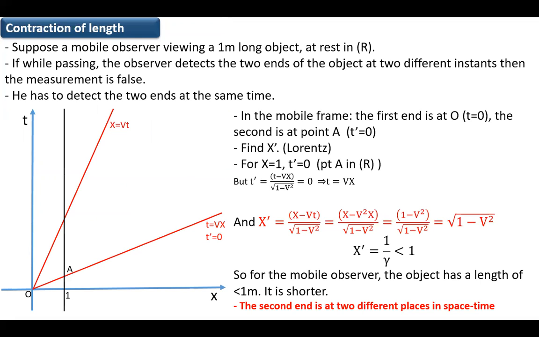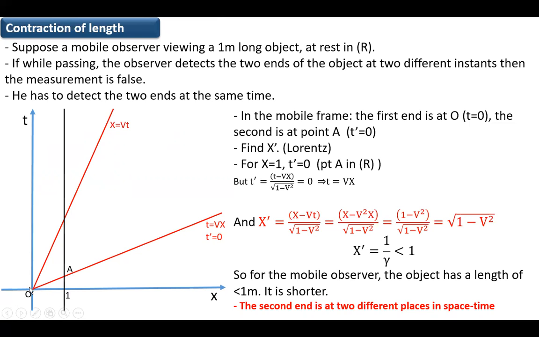Let's see the example of the contraction of lengths due to this motion at a speed. We will consider a mobile observer that is viewing a 1 meter long object that is placed at rest in a frame R. So you have your frame R, which is X and T. On this frame, you have a 1 meter long object placed in this frame.